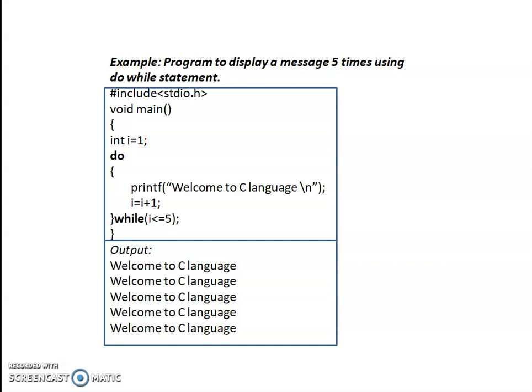First is initialization, then comes do, printf welcome to C language, it is printed once, then i is incremented to 2, then it checks while 2 is less than or equal to 5. Again it is true, go back to do. Again the statement is printed, it gets incremented to 3, and keeps on doing until 5. This is how we display the message 5 times using the do while statement.